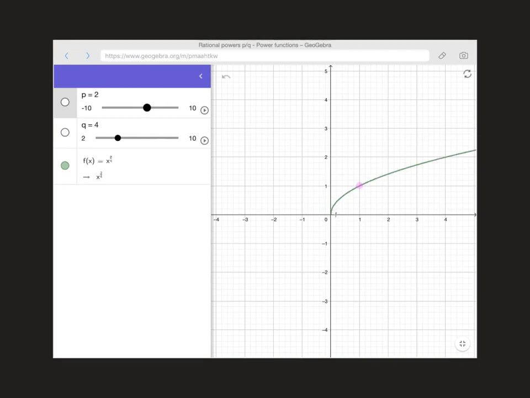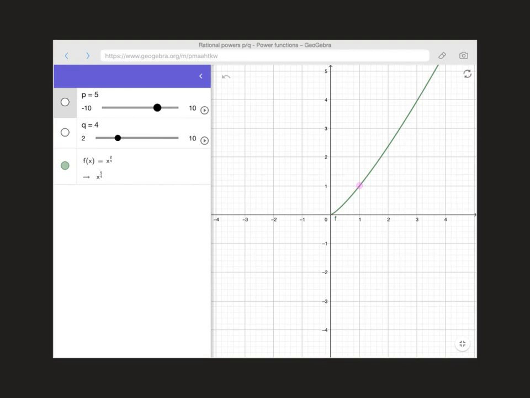Oops. That is 2 quarters, x to the 3 quarters, x to the 4 quarters, and 4 quarters is 1. So this is the graph of x to the power of 1, which is the line y equals x. So that was x to the power of 4 quarters. X to the power of 5 quarters is a little bit over 1.